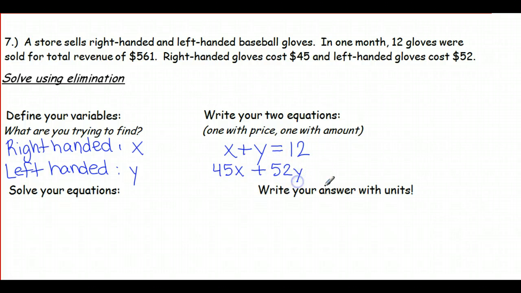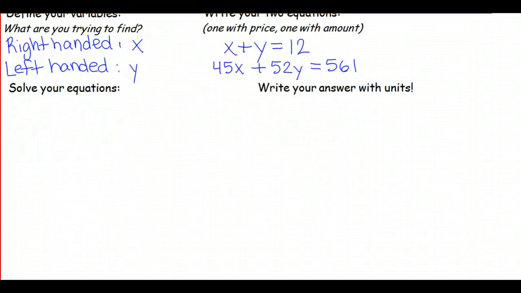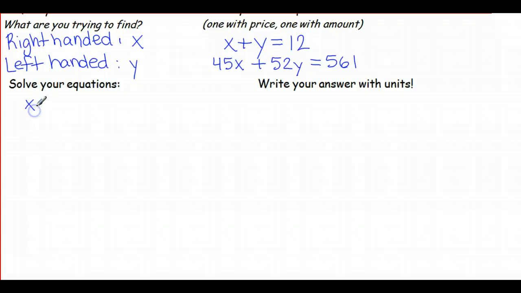We don't know how many were sold. And that total has to equal $561. So there are our two equations. Now we can go ahead and solve. So the two equations, x plus y equals 12, and 45x plus 52y equals 561.